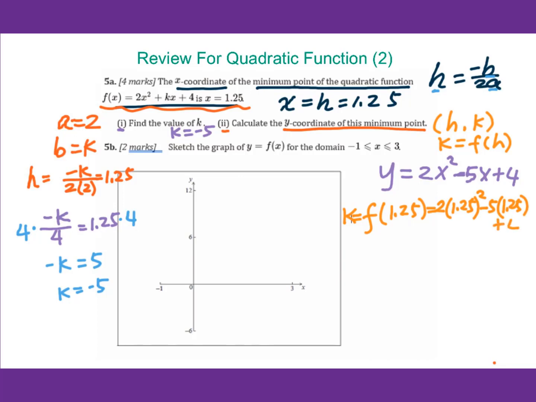Then you need to plus 4. We put into graphing calculator, you will get 0.875. In other words, the vertex, that is 1.25 and 0.875.